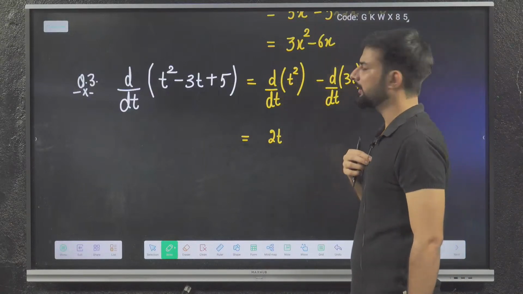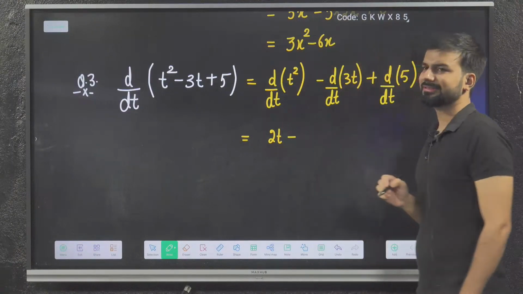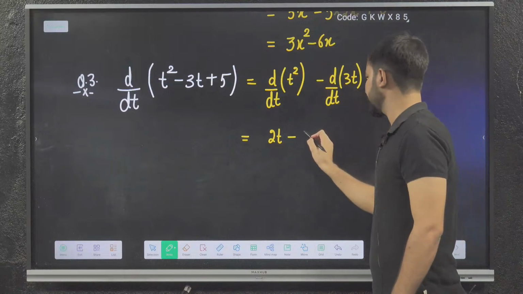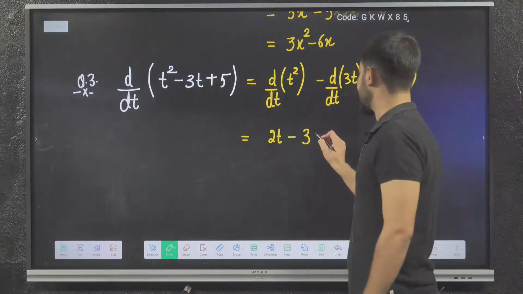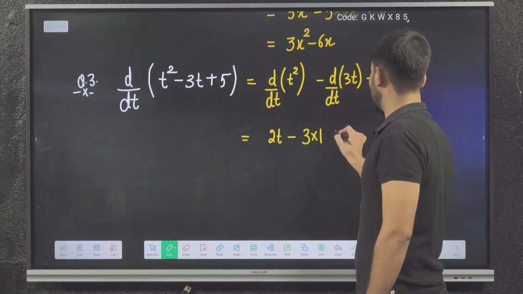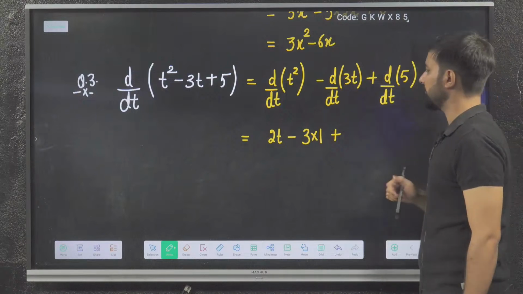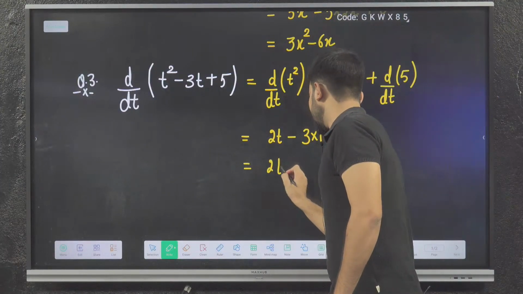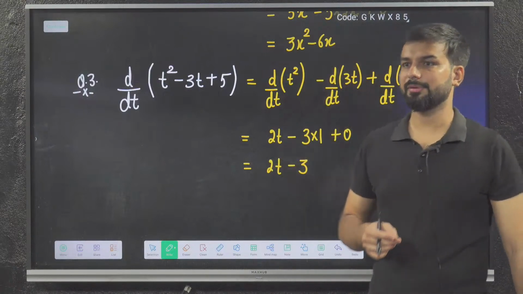Power will come forward and subtract 1 from there. Minus, what is the differentiation? Now since 3 is constant, it will come out. And what is the differentiation of t? Differentiation of t will be 1. And then plus, what is the differentiation of constant? 0. So what is the answer you are getting? 2t minus 3. I hope this is also clear to everyone.